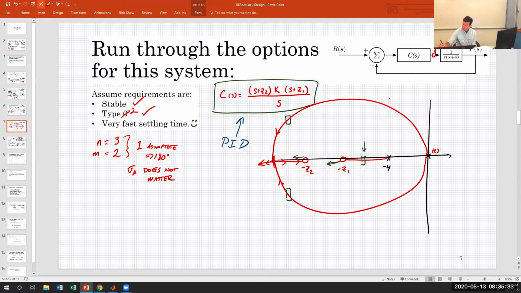If we had a disturbance coming in here, then the Piazza post that I put up after Monday's class derived the fact that integrators in C of S will help drive the output Y of S due to D of S to 0. And that's different than integrators in the plant. So here it matters what is in this block versus this block.